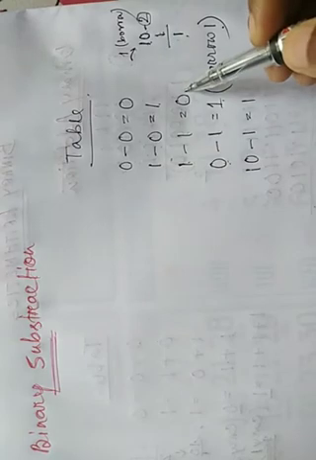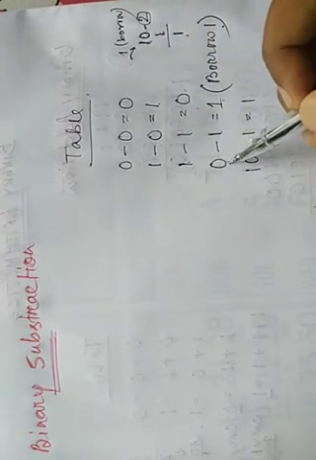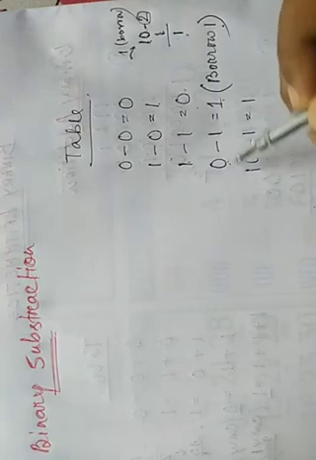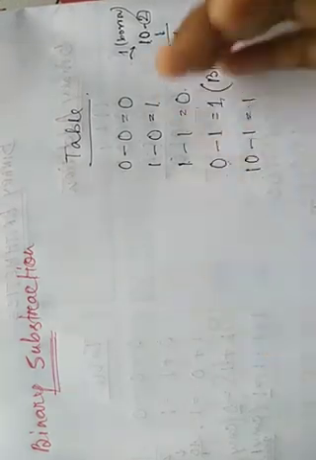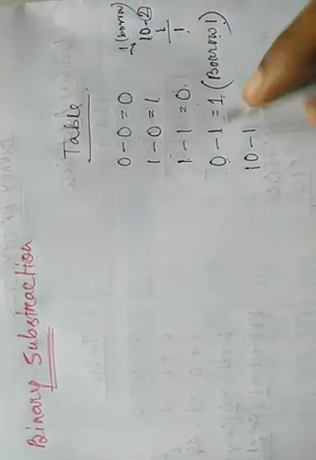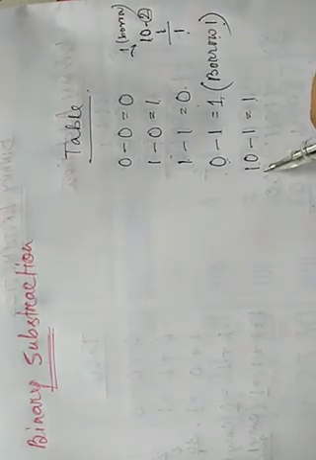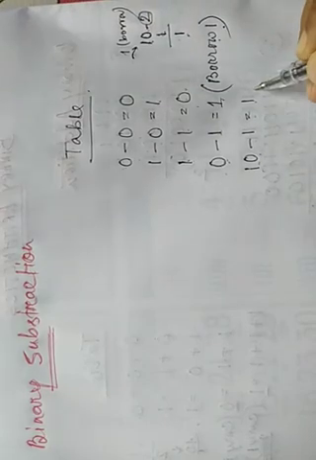These three are quite simple, as in our normal addition. The main trick is whenever we subtract 0 minus 1, it is 1 with borrow 1. Borrow 1 means we have to take 1 from any previous number. And 10 minus 1 is 1 because 10 is 2, so 2 minus 1 is 1.